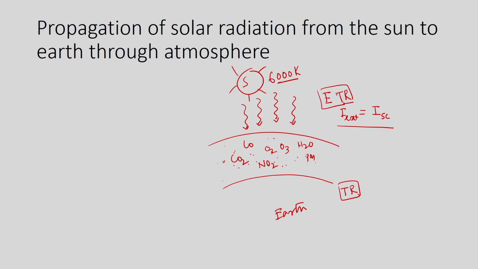So, here in these slides my concern is we need to know how this solar radiation is propagated from the sun surface to the earth surface. So, short wave radiation is coming through the space and it has to travel through this earth atmosphere. Already you know this earth atmosphere is very thick, about 30 kilometers, and as soon as it strikes the earth, it radiates some kind of long wave radiation.